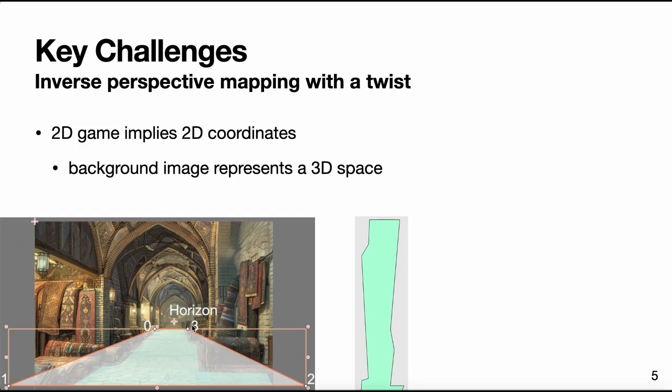And first of all, given the horizon position, and assuming that this area is horizontal, I can apply the inverse perspective mapping, and I will get some other quadrilateral.